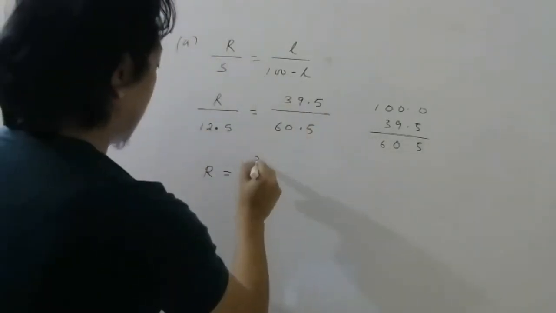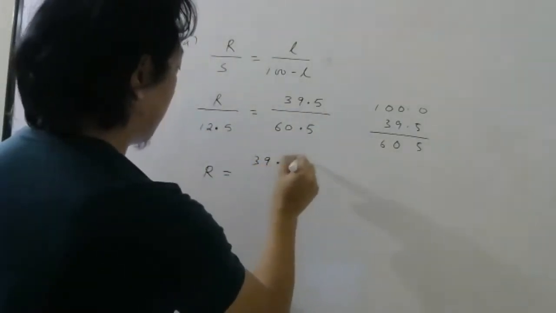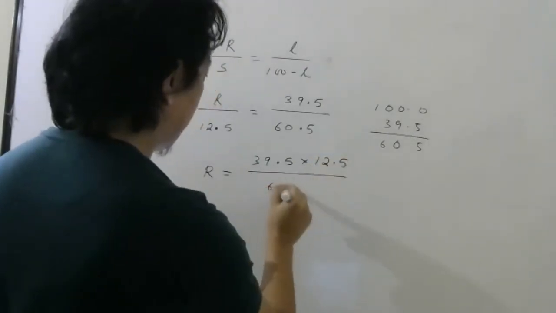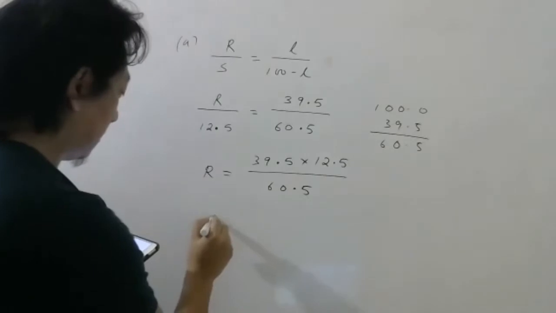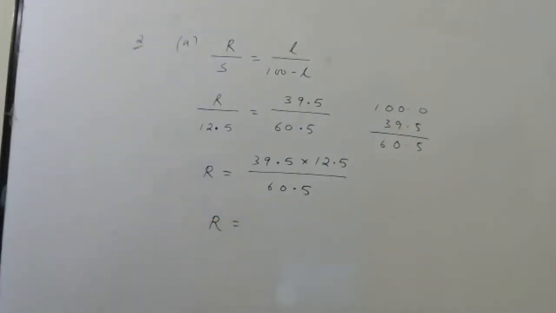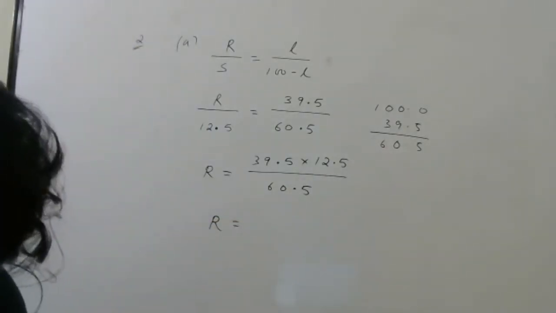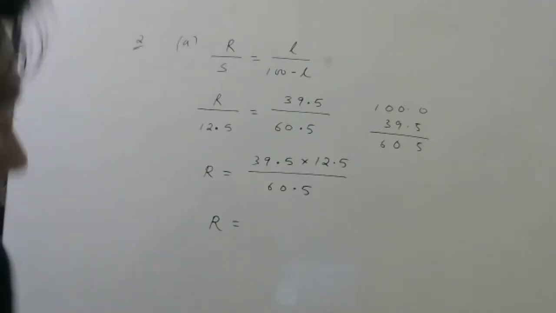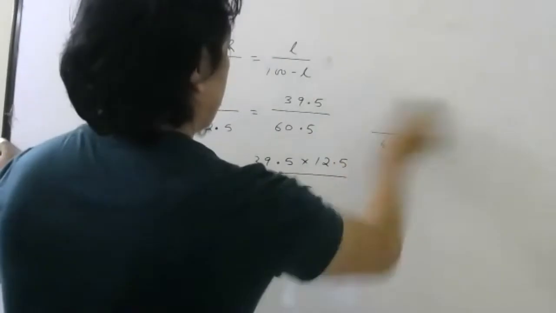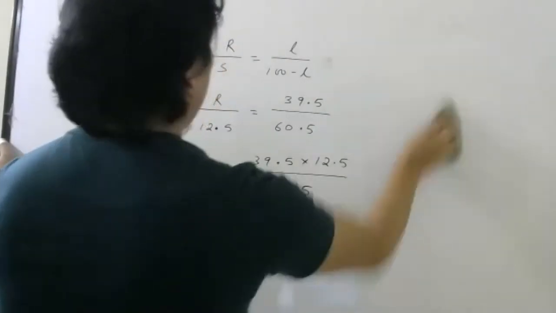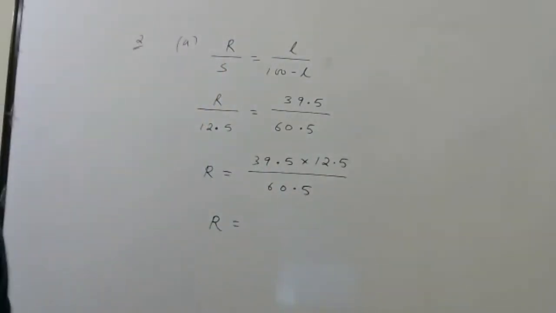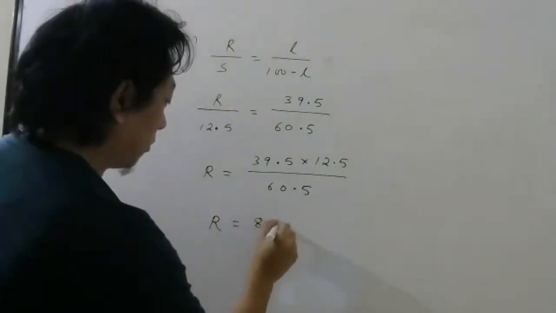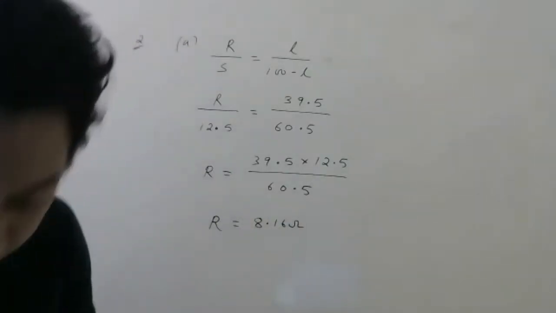Just cross multiply: 39.5 into 12.5 divided by 60.5. The answer is 8.16. So that is the first part of the question.